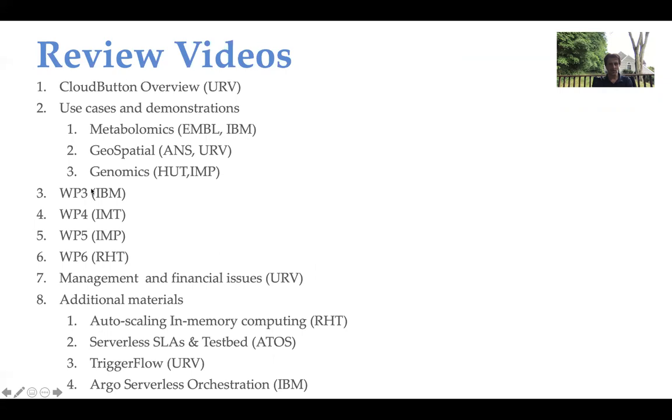Then the technical work packages, like IBM in WP3, IMT in WP4 or Imperial in WP5, will demonstrate and explain their work package in their video. Red Hat will explain dissemination and exploitation. And then we will also show you a video on management and financial issues. And we will leave you additional materials if you would like to really know the contributions of the project, but they are optional for the review.